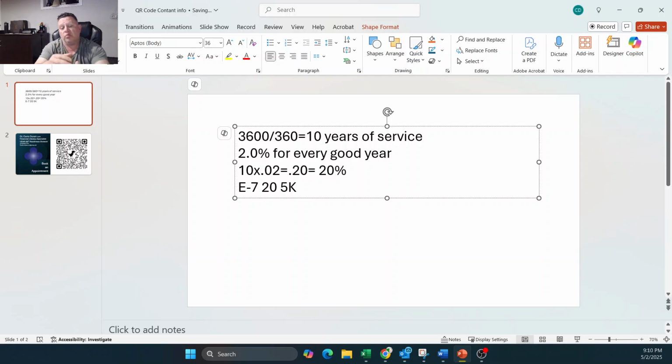So it'll show 5,000, and then you'll see the 20% of that. So your high 3 is 5,000 times 0.20. That would mean that you are entitled to $1,000 per month. So that is your retired pay. It's not that complicated. They try and make it super complicated, but this is just the 20 good years.